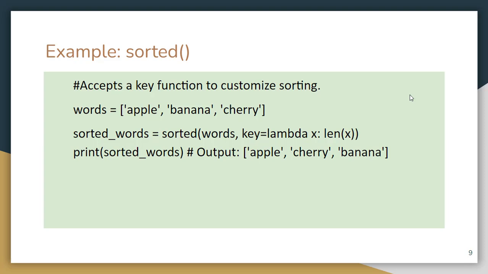That is, we calculate the length of the text, and after that we sort the words. After sorting in ascending order, we store it inside sorted_words, and at last we print sorted_words, and we get the output apple, cherry and banana. That is, it is in ascending order by length.